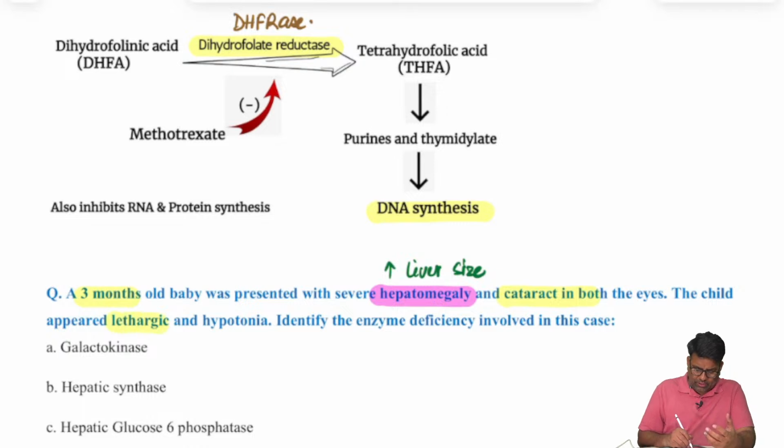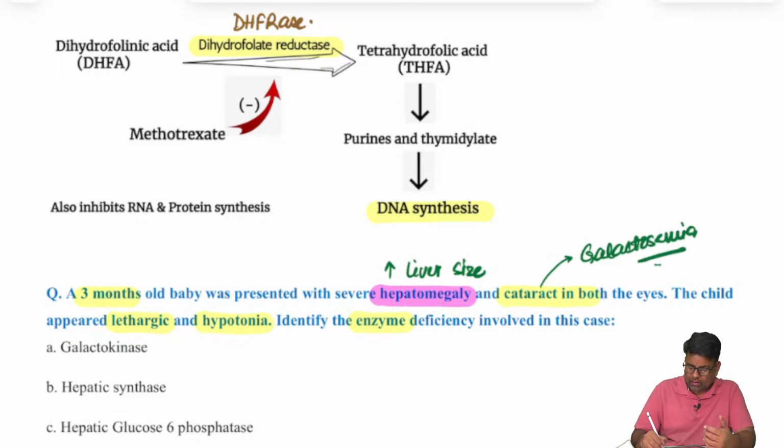Apart from that, the child was lethargic and hypotonic. Now, which enzyme deficiency is more likely here? The moment you think of cataract in a 3-month-old baby, you can think of galactosemia. Clear?